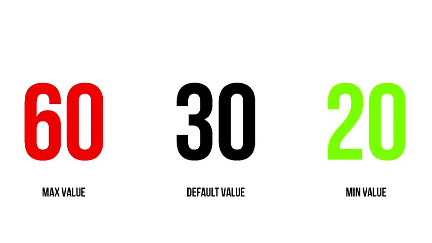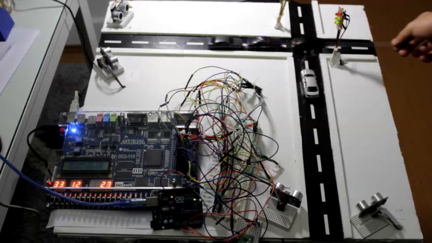Otherwise, the timer will be determined by the original time assigned to each lane and the ultrasonic sensors. Furthermore, the CPU provides the control signals that will determine the outputs to the traffic lanes. Now we will see a simulation of the traffic control system in action.